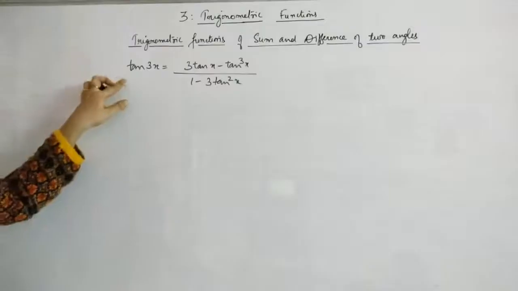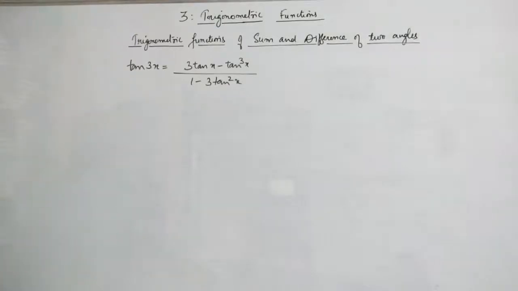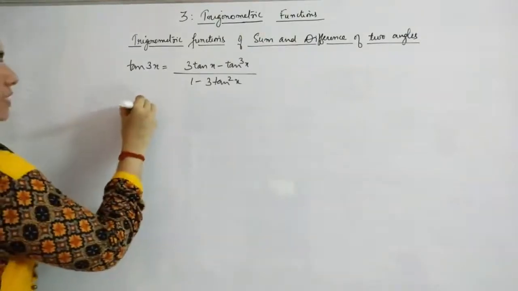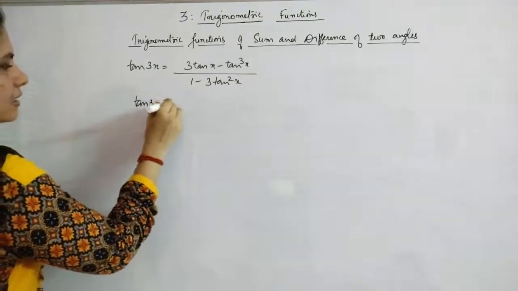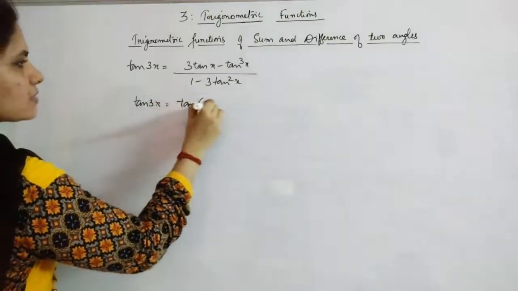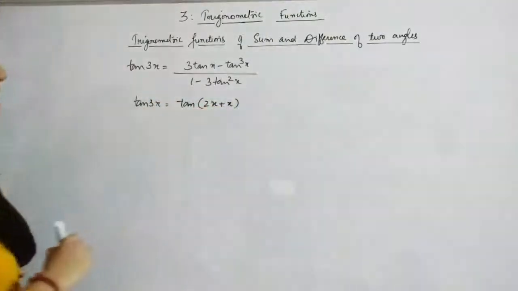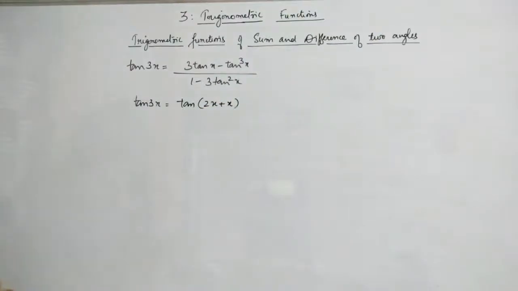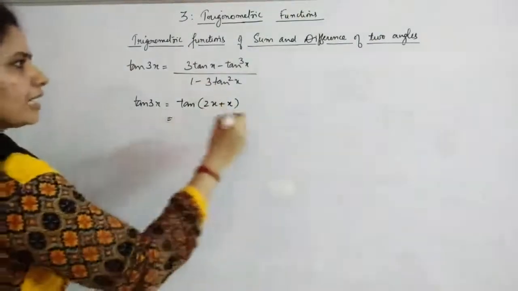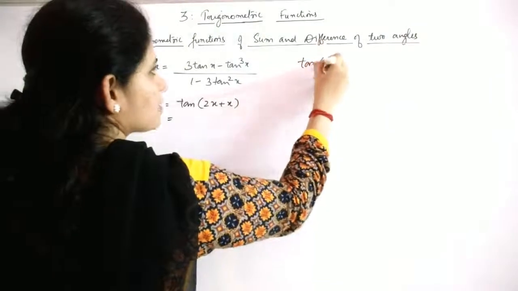Next one is tan 3x is equal to 3 tan x minus tan cube x divided by 1 minus 3 tan square x. For that we will just start with tan 3x, writing it as a sum of two angles, which is 2x and x. That is tan 3x is equal to tan of 2x plus x. Now we will apply the formula for tan of x plus y here.